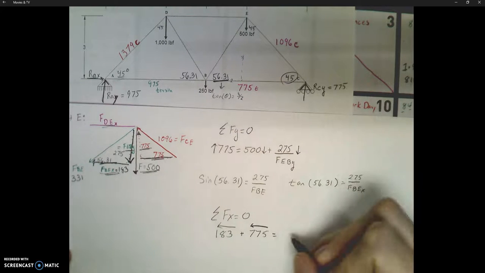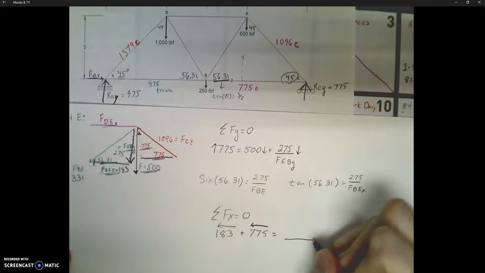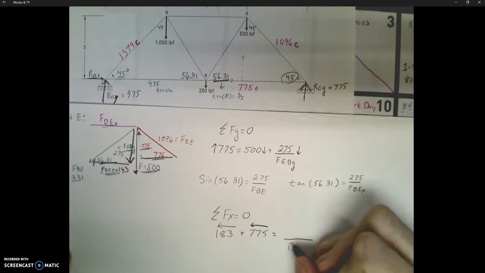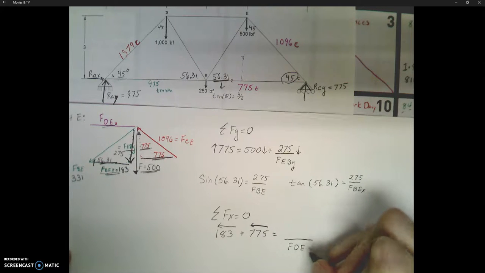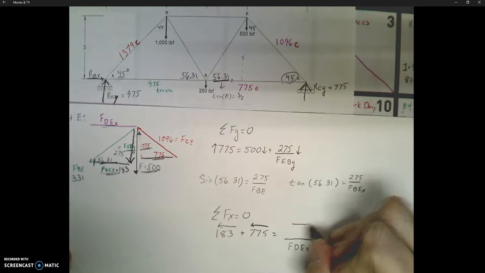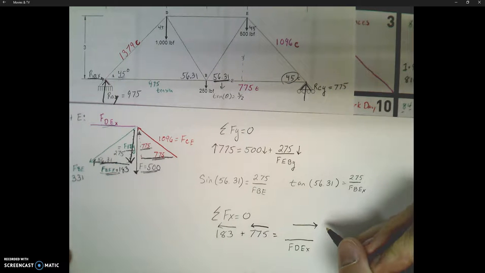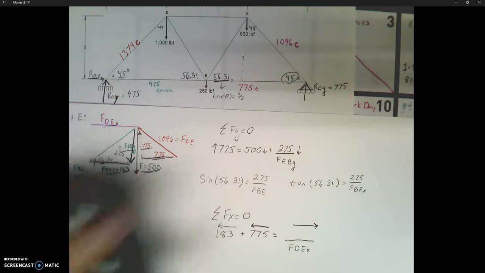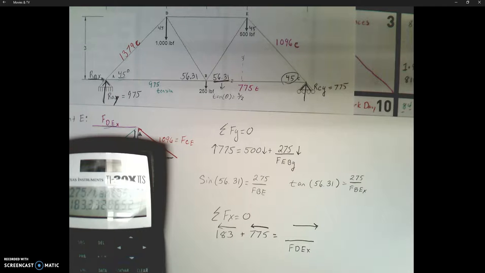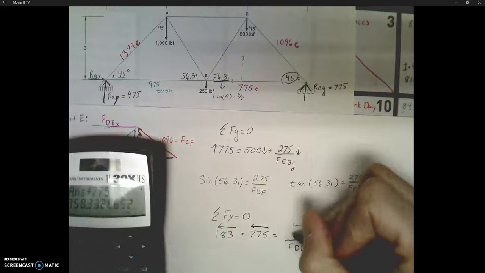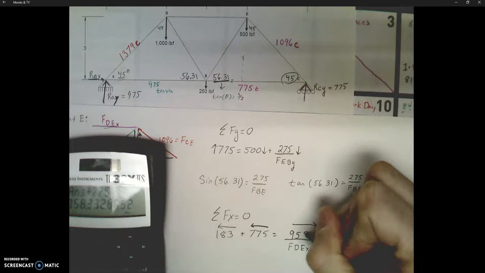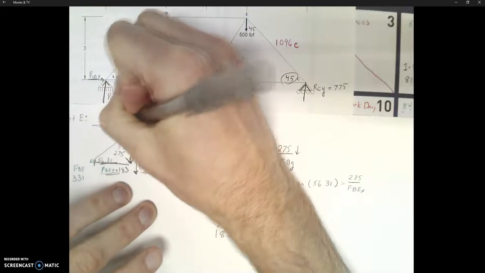So that 183 is tension down and to the left, and the 775 is up and to the left. So therefore, that force of member DE needs to be going right to help that joint in equilibrium so it doesn't move for us. So we take 183 plus the 775, and we end up with the force of member DE in that X direction being 958.